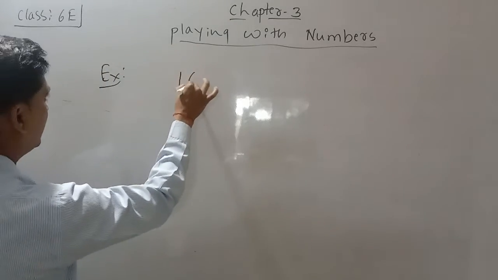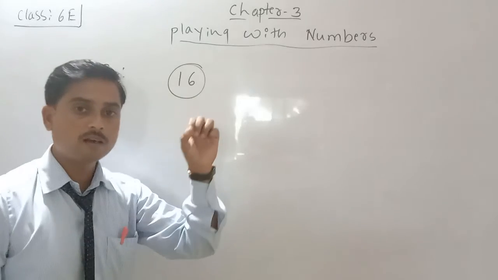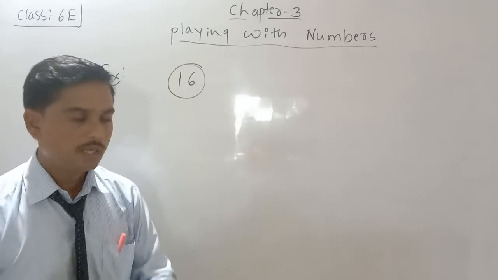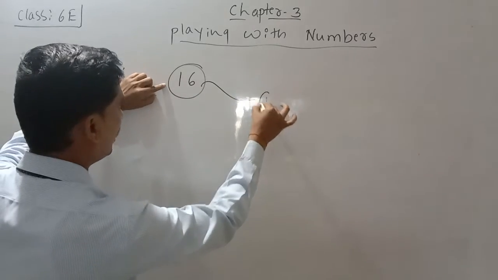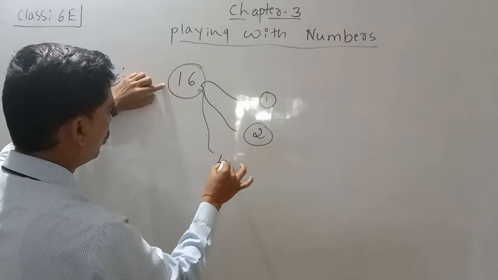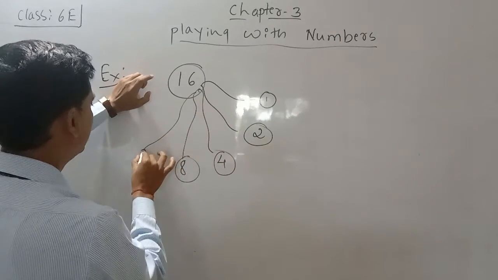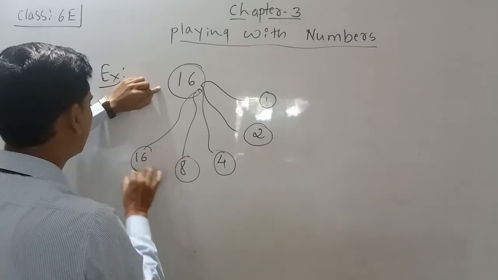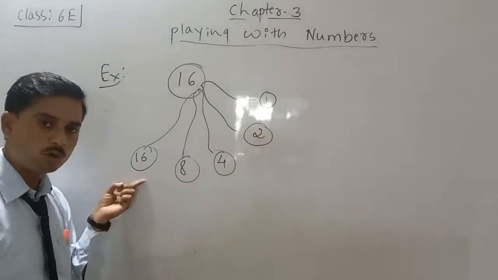Example, 16. Is 16 a composite number or a prime number? Sir, you should search first. 16 is in the 1's table, 2's table, 4's table, 8's table and 16's table. Then how many factors does 16 have?